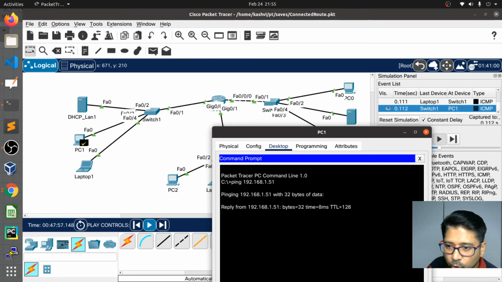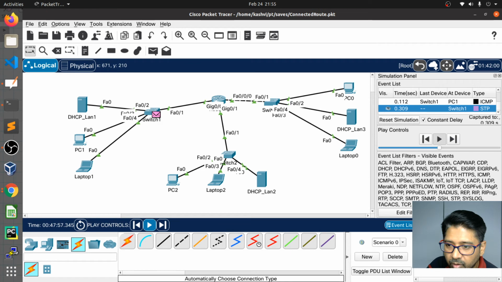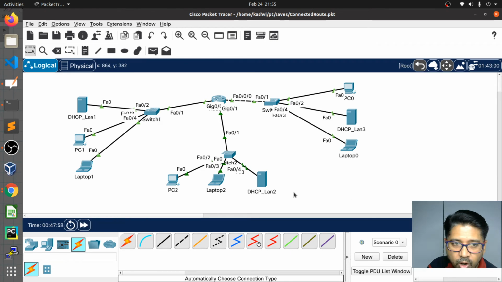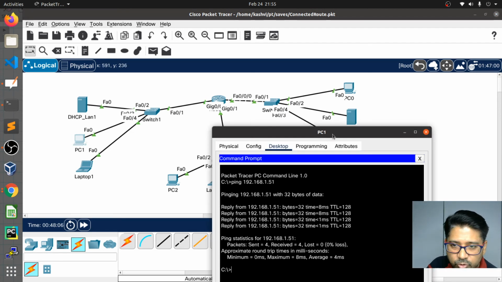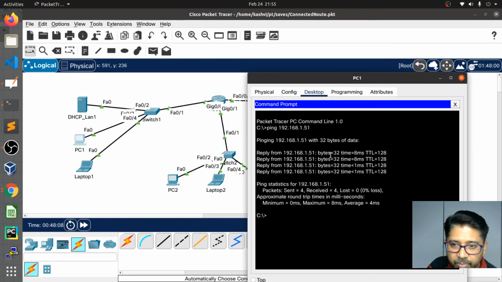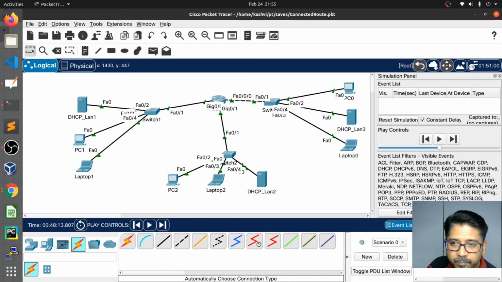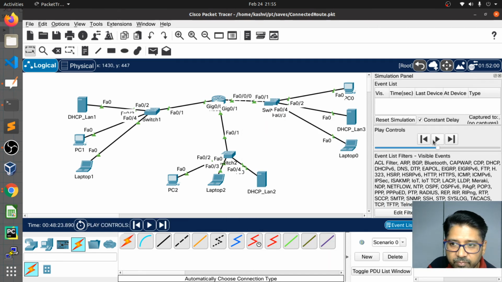I'm going to stop this. Now try to understand how it happened. You can see this pinging starting. They did not contact the gateway. Clear? Have you understood this?